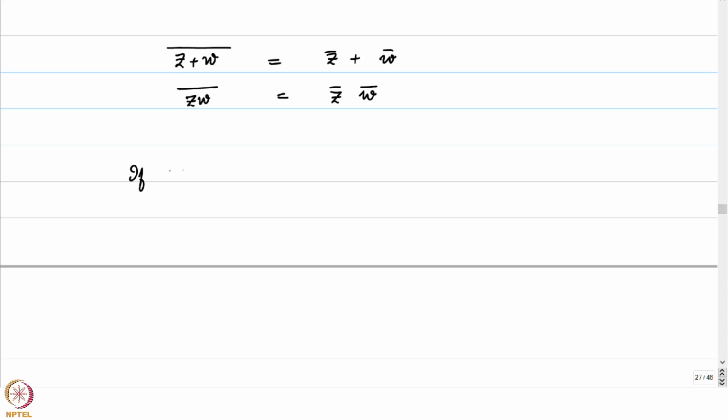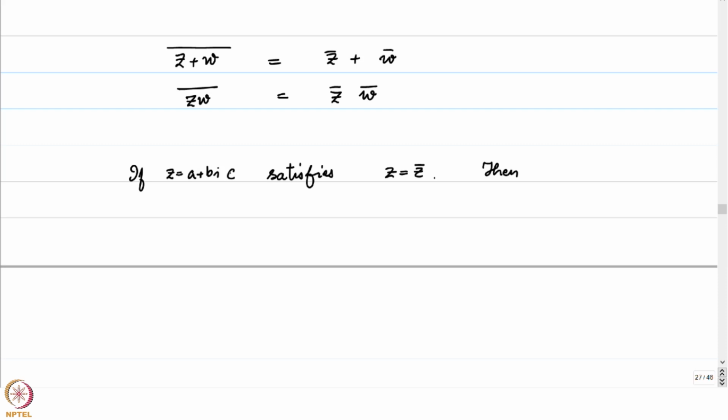So if z in C satisfies z is equal to z bar, suppose a complex number is equal to its conjugate, let's write it down in coordinates and see what happens. Let z equal a plus ib. Let me write it that way so that I already have the coordinates.